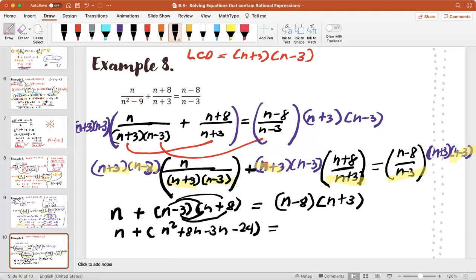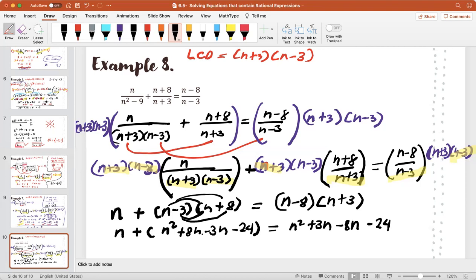Right side, it's safe not to put parentheses here because there are no other terms. n times n is n squared, n times 3, 3n, your inner, negative 8 times n, negative 8n, negative 8 times 3, negative 24.